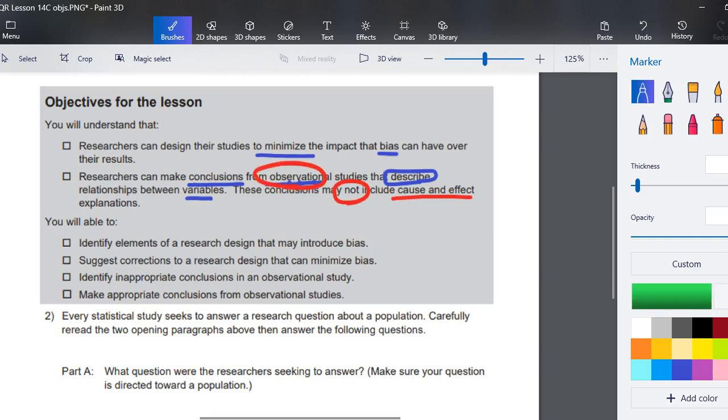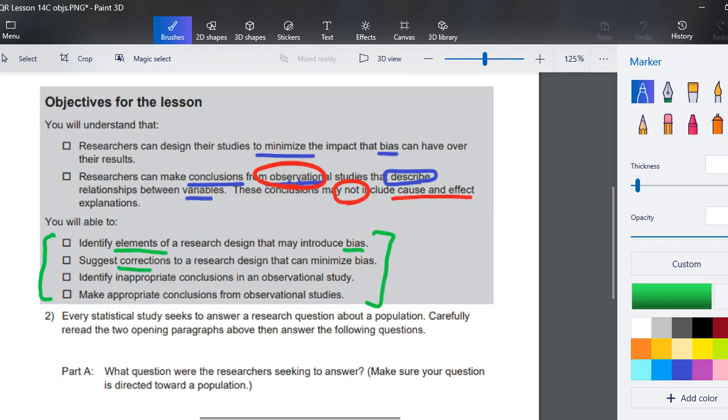When we're done with this lesson, we're going to be able to identify, and I would highlight, underline, put sticky notes around these pieces, what we're going to be able to do. We'll be able to identify key elements of a research design that may introduce bias.